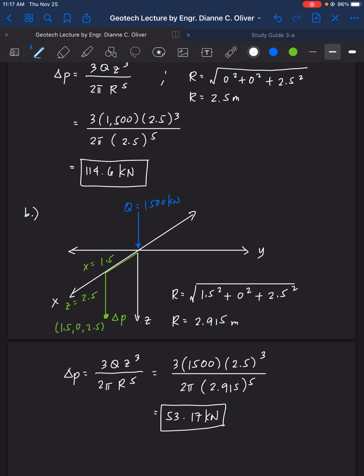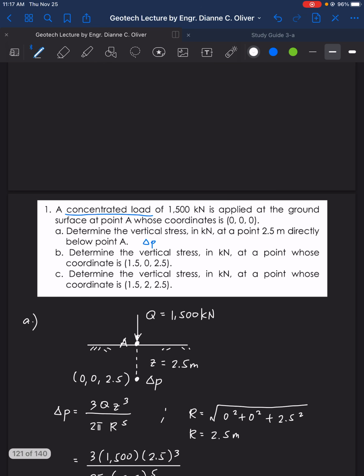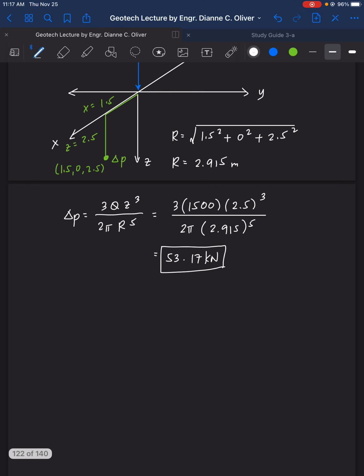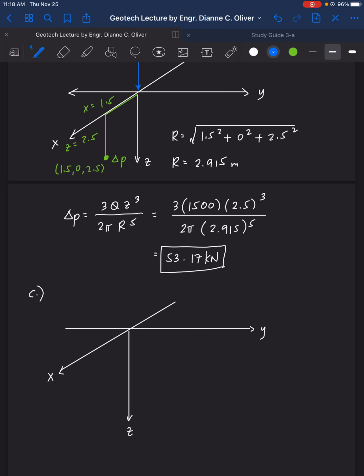Okay, next we have part C. Determine the vertical stress in kilonewton at a point whose coordinate is 1.5, 2, 2.5. So we have the value for y now, for letter C. So again, if you have been required to draw, this is how you go about it. X, Y, Z. This is our load. Loading is at 0, 0, 0.